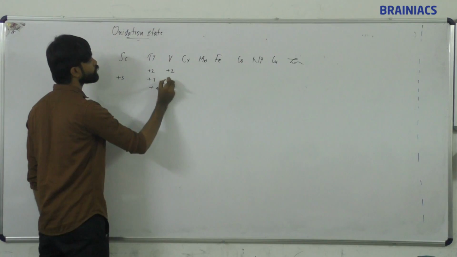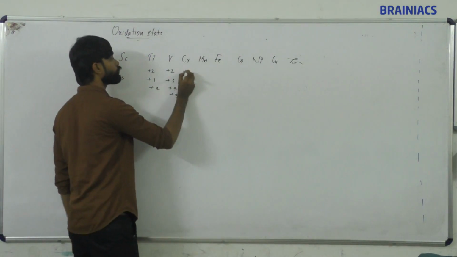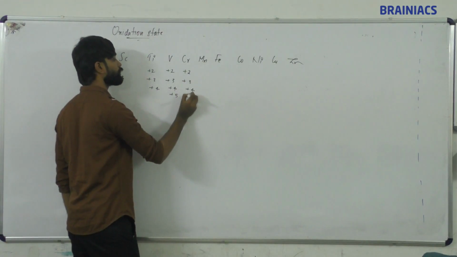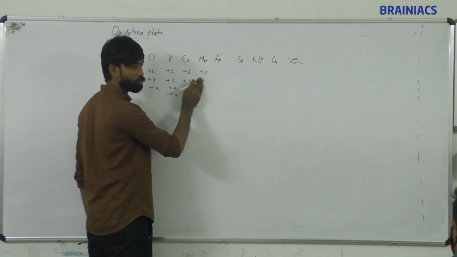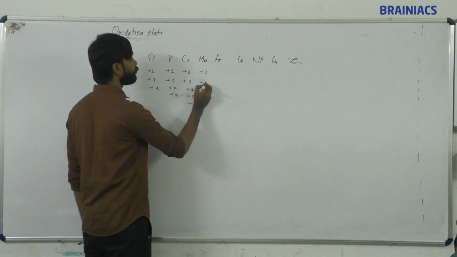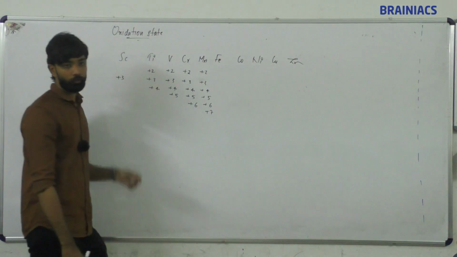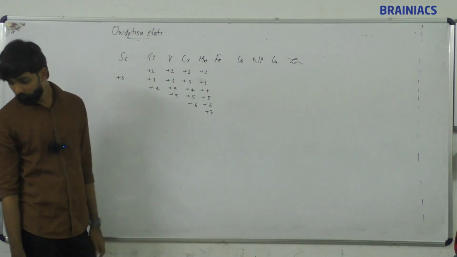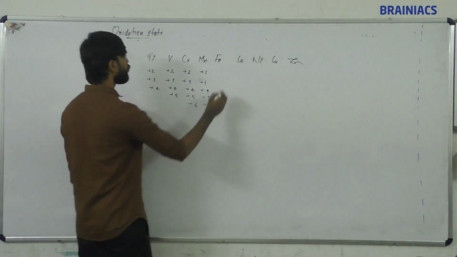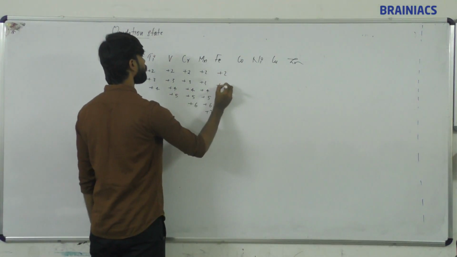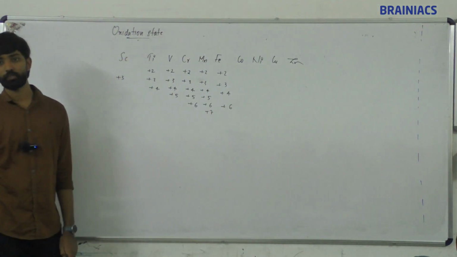Vanadium can show +2, +3, +4, +5. Chromium can show +2 to +6. Manganese can show +2 to +7. Iron can show +2, +3, +4, +6.